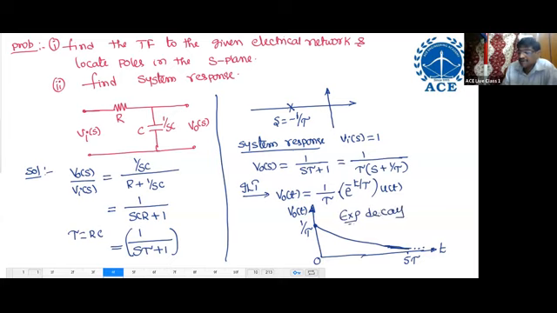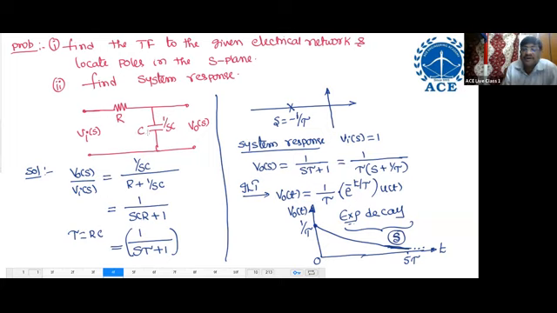The system is stable, 100% stable, because substituting t tends to infinity, e power minus infinity is 0. What did you understand here?